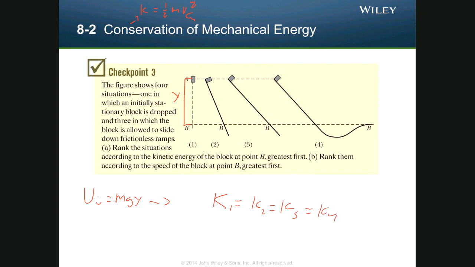And because they all have the same kinetic energy and the same mass, they must all have the same speed. Okay? So it's the same for all of them. But yes, if the ramp had friction, this would be a different story and a harder problem.